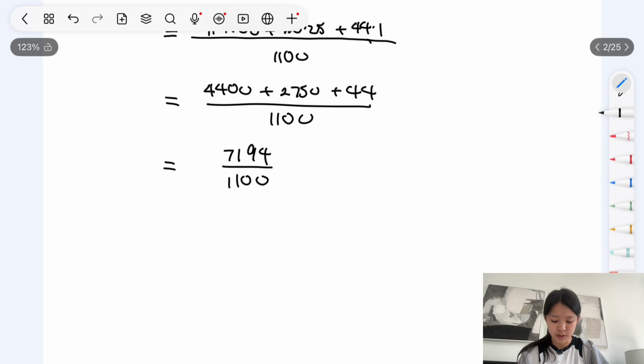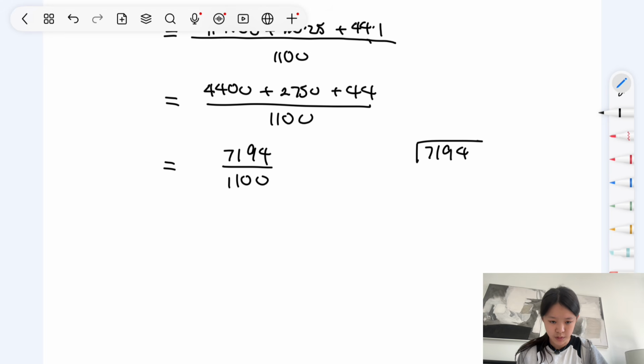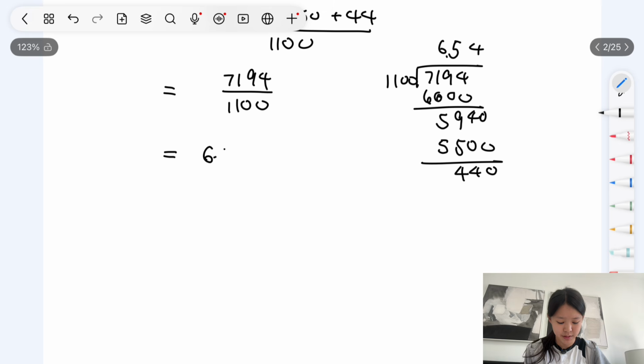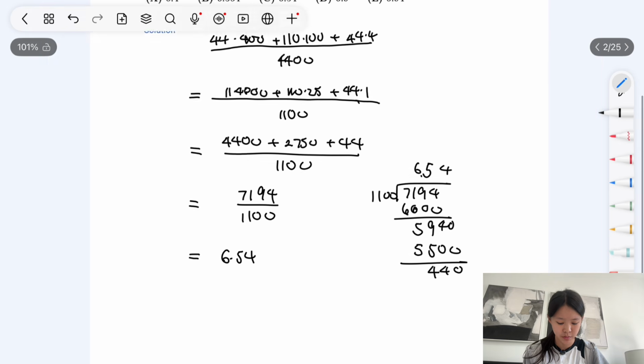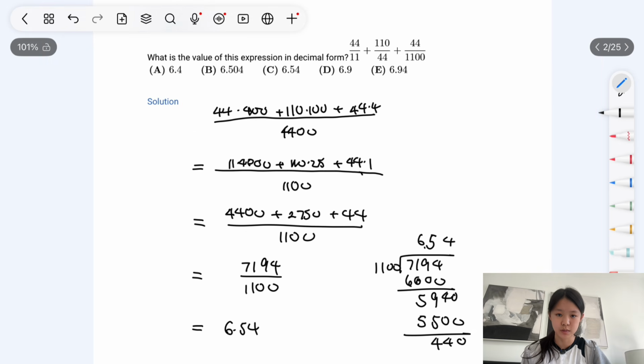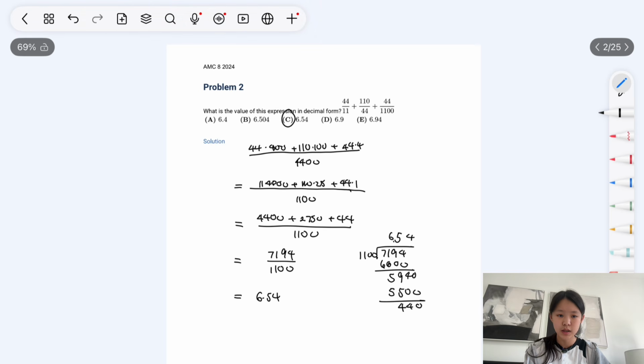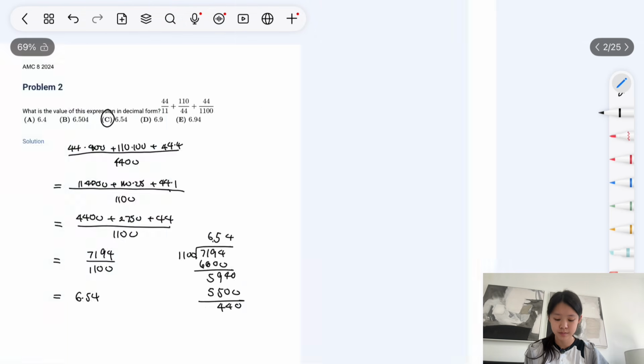And we can perform some long division, and we would get this result. Excuse my bad handwriting, but eventually you would come down to this decimal number, which is 6.54. When you're doing this in the actual competition, you can do this relatively quickly. So we know the answer is C, which is 6.54.